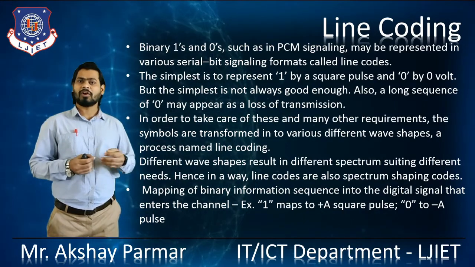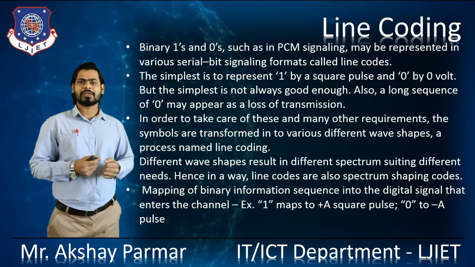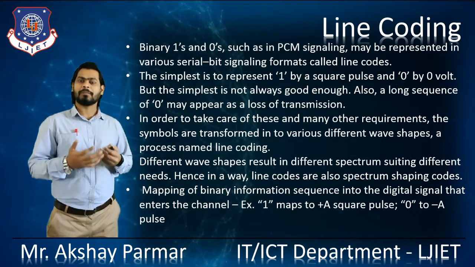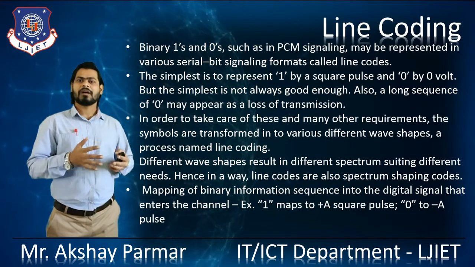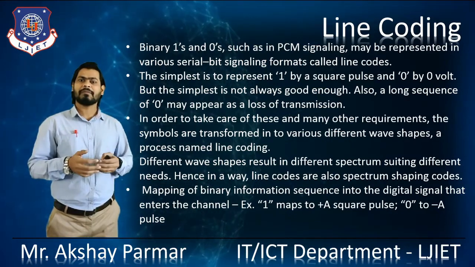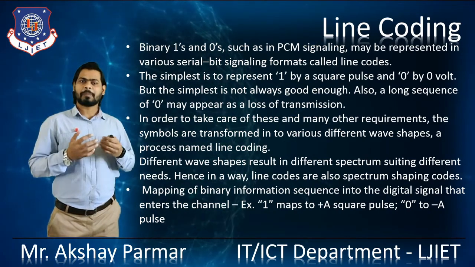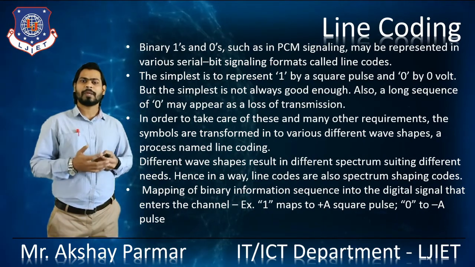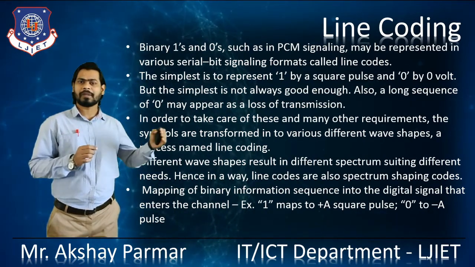Also, a long sequence of zeros may appear as a data loss in the transmission. In order to take care of this and many other requirements, the symbols are transformed into various different wave shapes, a process named line coding. Different wave shapes result in different spectra suiting different needs. Hence, in this way, line codes are also spectrum shaping codes.